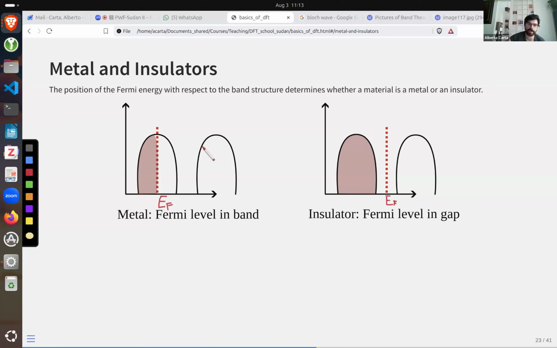Yes, exactly. So this is the right way to understand the difference between metals and insulators. In all of these diagrams, the x-axis is always the energy, and the y-axis is always the density of states.